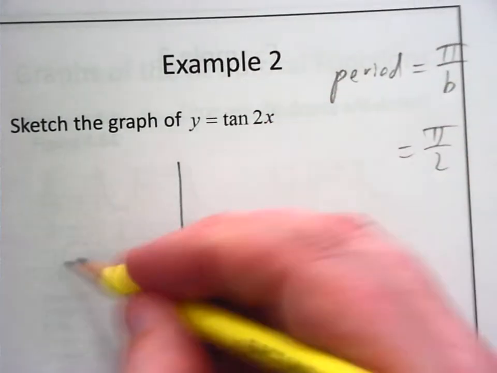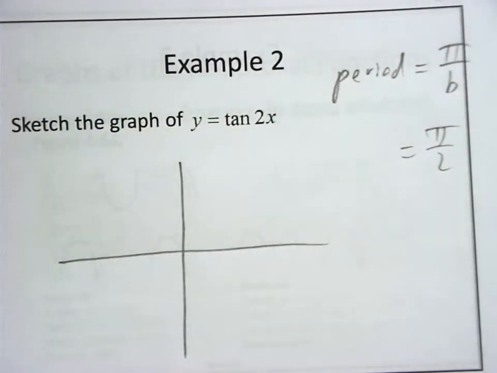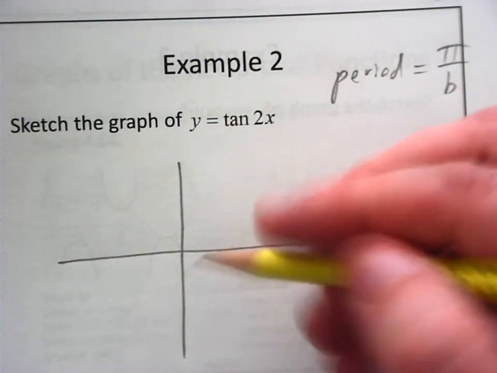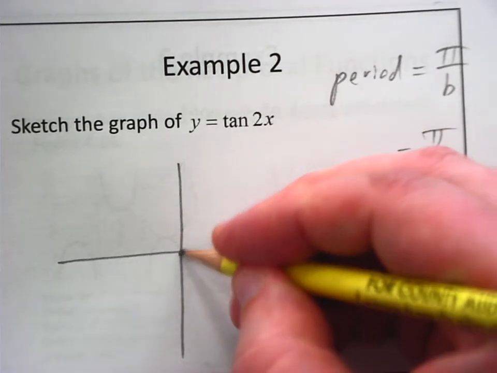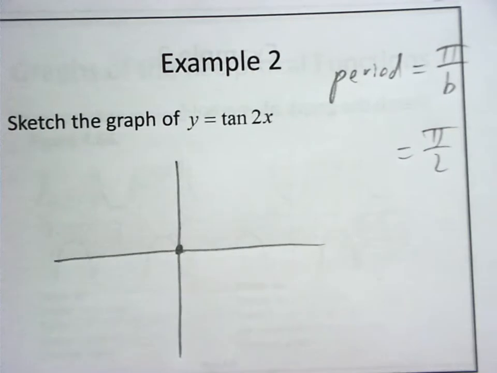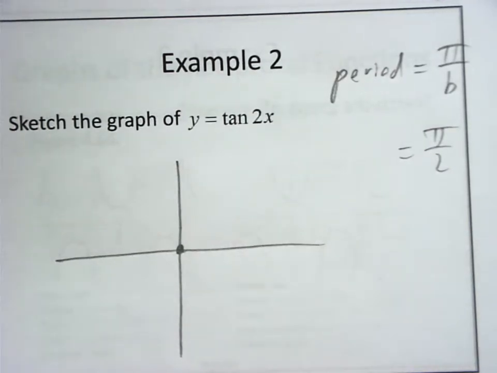So if I go to graph it this way, and I'm just kind of showing you this way because it ends up being a little bit harder to visualize what's going on. The period's pi over 2, but what that's going to do as far as where this thing hits, it's still going to hit the origin because I don't have any kind of phase shift or vertical shift going on. But now the period's pi over 2. So I'm going to go left and right how far? Pi over 4. Because I need the width to be pi over 2, right?